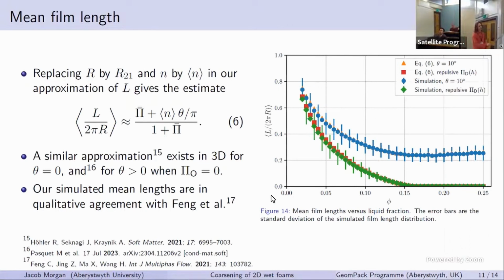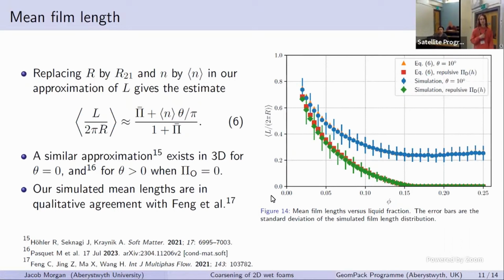In terms of prior work looking at the mean film lengths as a function of liquid fraction, we're in qualitative agreement with some work that was done for zero film thickness. I realized there was something I had meant to say when describing the simulation model, which was that for numerical reasons we're at the moment restricted to relatively thick films, orders of magnitude thicker than one would get in a real foam.